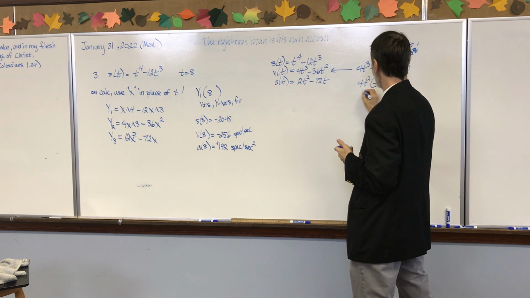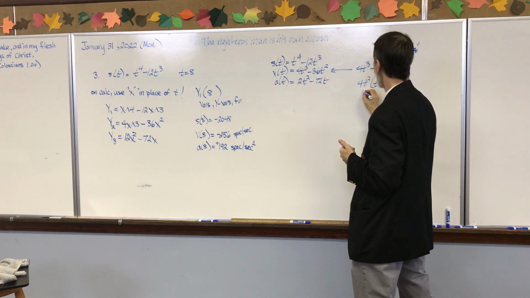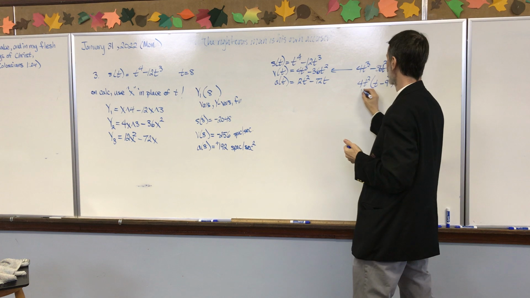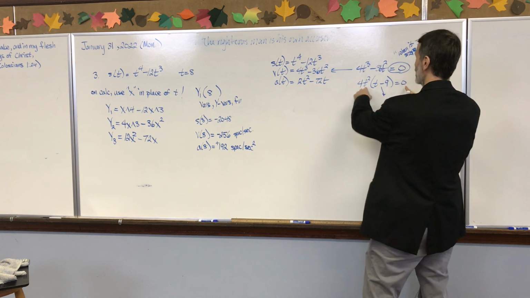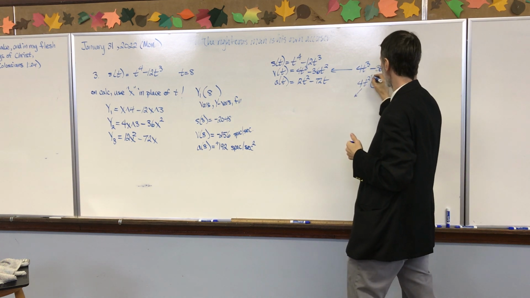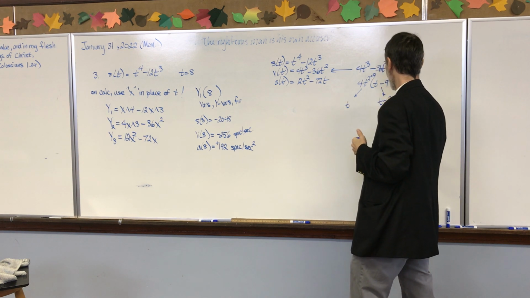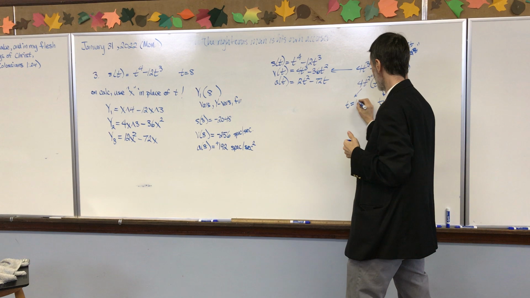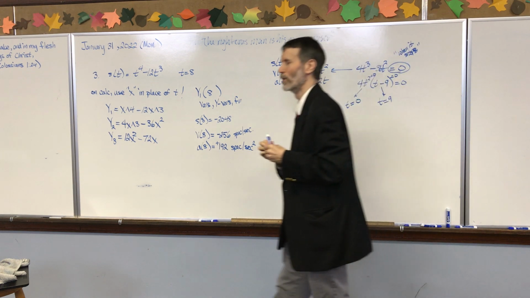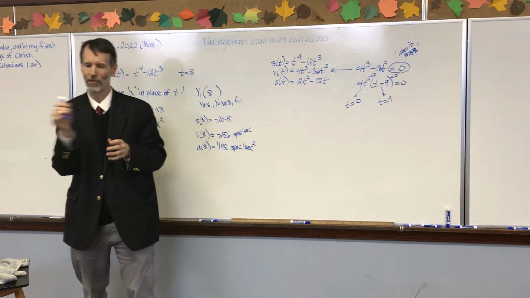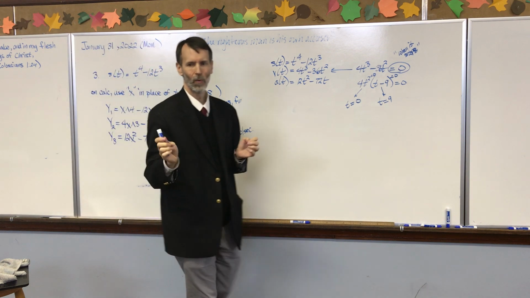You can divide by 4. You definitely can. It won't really affect anything. Zero product property: t equals 9 and t equals 0. What this is saying is there were 2 times when your particle wasn't moving. When was that?